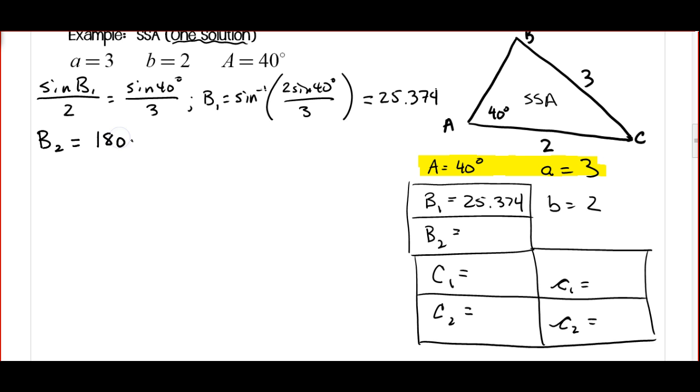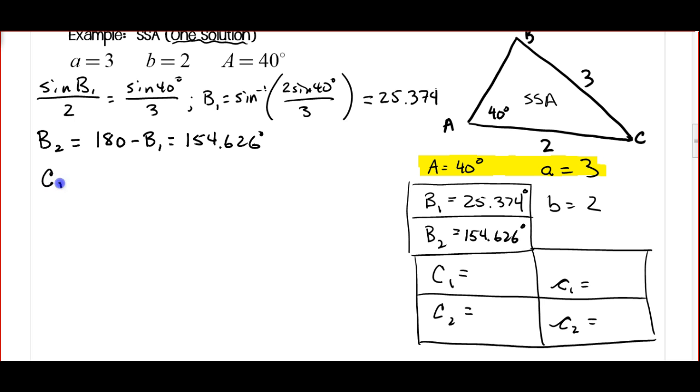So I just subtract 180 minus B1, which is 154.626. So that's going to be the angle B in the second triangle, 154.626 degrees.